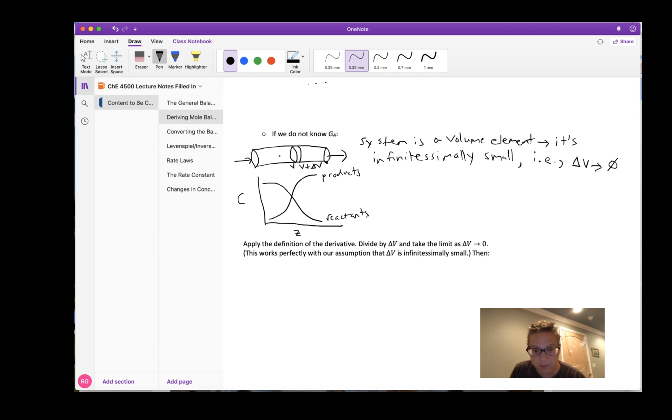So I do have inflows and outflows for this. So I have fluid flowing all the way down this reactor. So I have some fluid coming in here and I have fluid exiting.